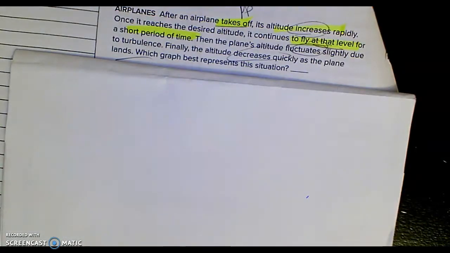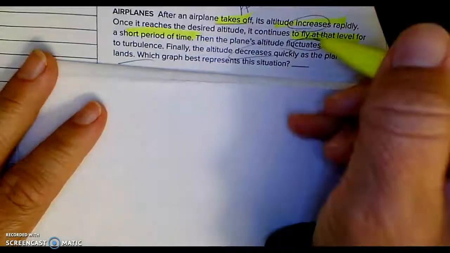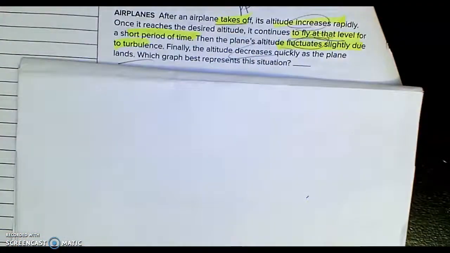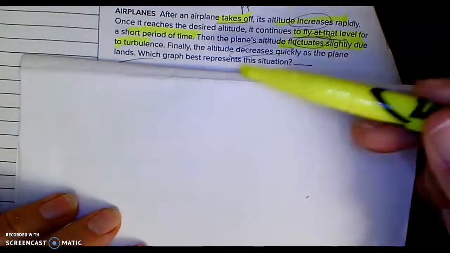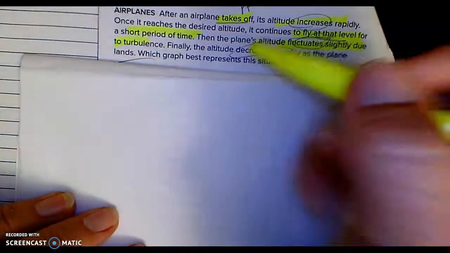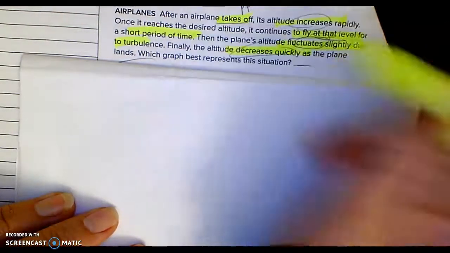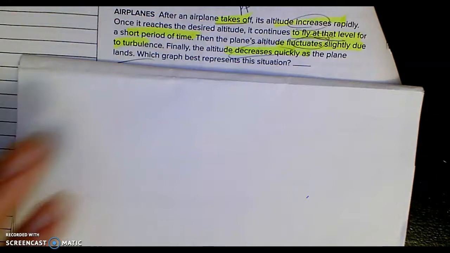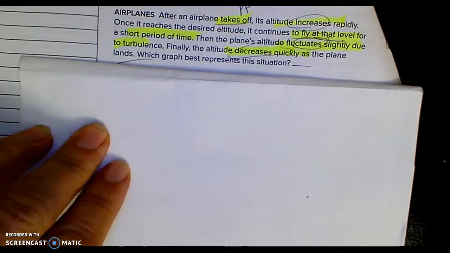Then all of a sudden, it's going to fluctuate because, you know, you're going to Florida, it's really bumpy, and there's going to be some turbulence. That means you're going to go up and down, up and down, up and down. Then finally, the altitude decreases quickly, so he's going down quickly, and then the plane lands. Hopefully he's not crashing. So go through those different scenarios and see which one is the best choice.